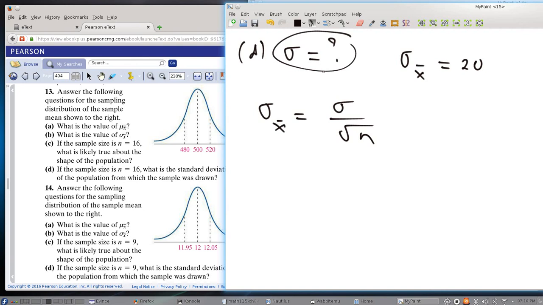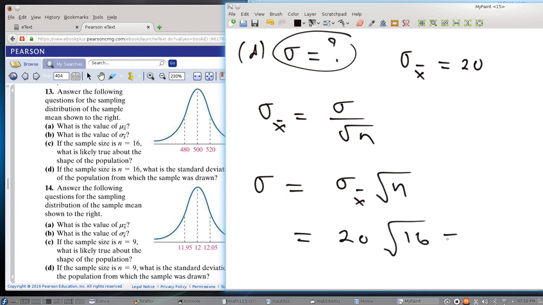Now I'm going to cross multiply by square root of n and rewrite it so that sigma is equal to sigma of x bar times square root of n. And here sigma of x bar is 20 and square root of n is 16. So the standard deviation of the population is 80.